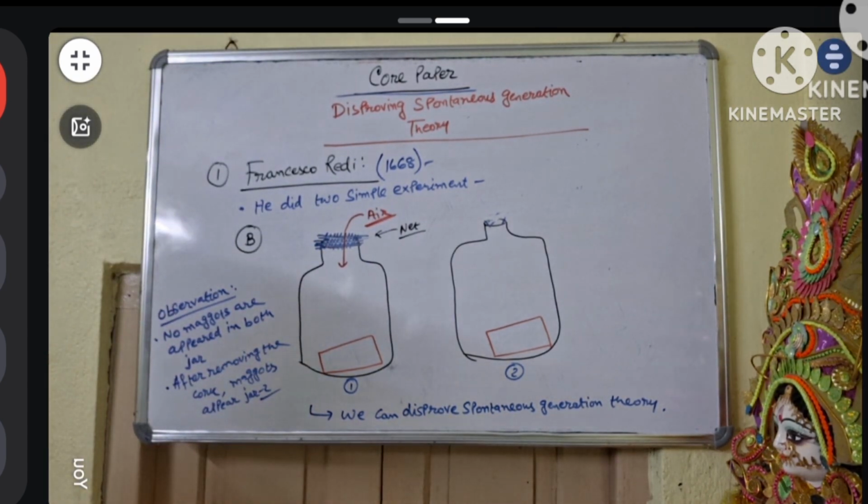But somehow Redi's experiment had to be opposed. Why? Because you change the idea. You want to change the idea, and everybody wants to oppose your experiment.